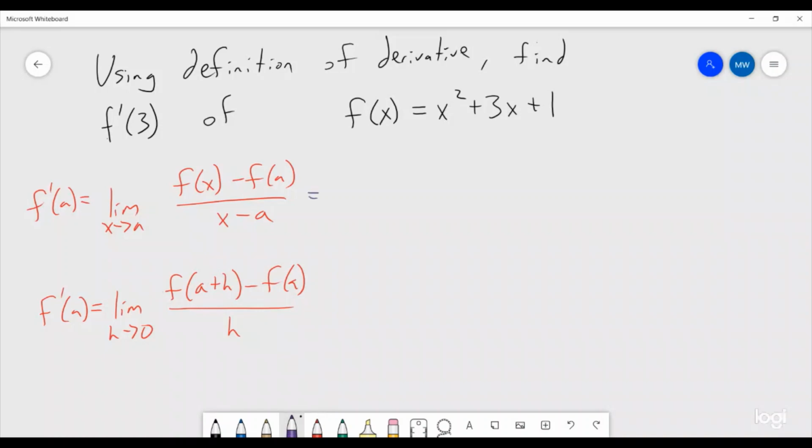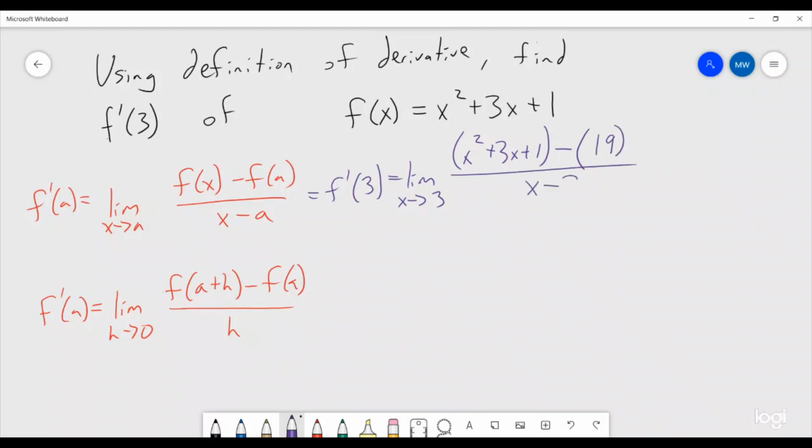So this first one is f prime at 3, the limit as x approaches 3 of x squared plus 3x plus 1 minus f of 3, where f of 3 is 3 squared plus 3 times 3 plus 1, so that is 9 plus 9 plus 1, which is 19, divided by x minus 3.